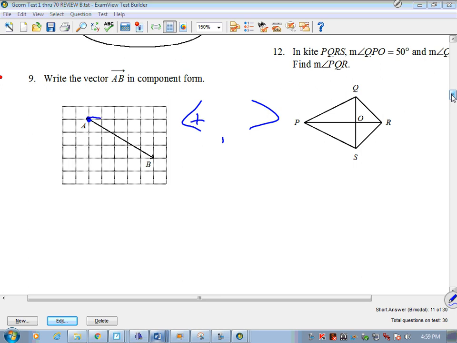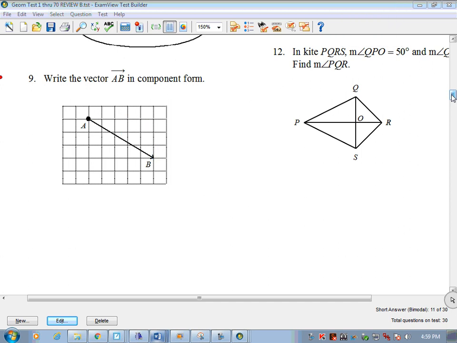So I'm going right, 1, 2, 3, 4, 5. Okay, but then I'm going down, 1, 2, 3. So it'll look like that. And of course, we won't include the plus sign, but we will the negative sign. So we should have in vector component form our 5, our component -3.